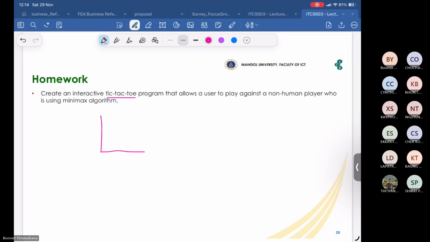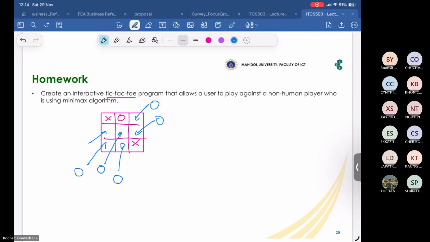So basically, the program should be able to provide a table and the current state of the table, and then ask the player which position to place his mark, and that's it. And try to see whether a player can beat the tic-tac-toe algorithm. I bet a player will never be able to do that, but who knows?